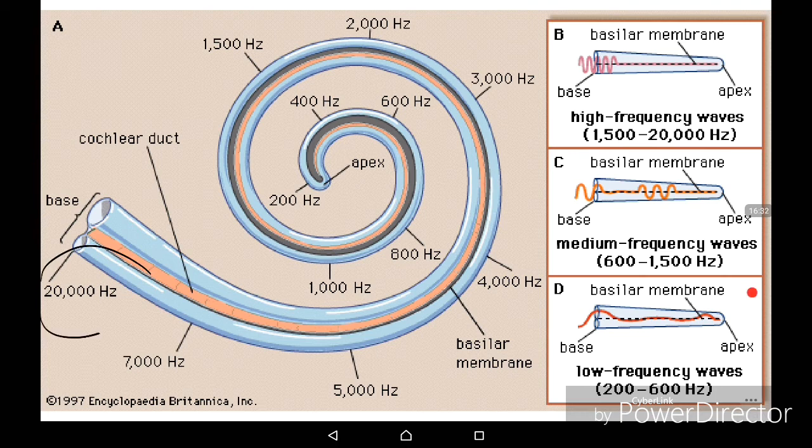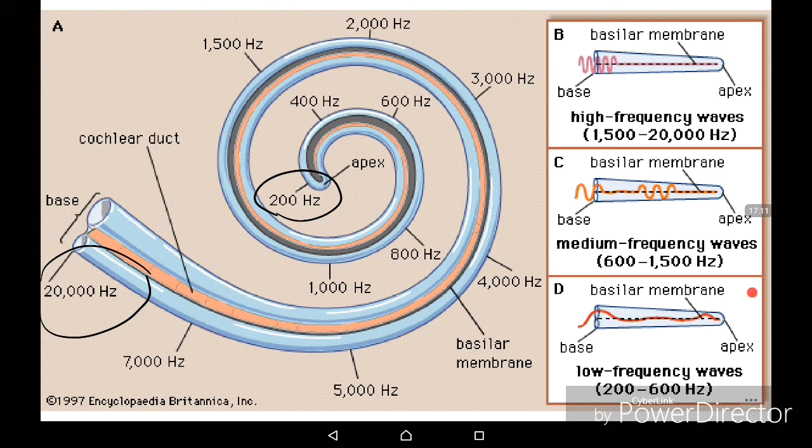It is shown here that at the base of the cochlea we have the hair cells that are stimulated by high frequencies, like 20,000 hertz, high sounds, and low sounds, bass, like 200 hertz or even less.